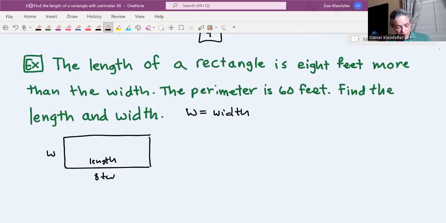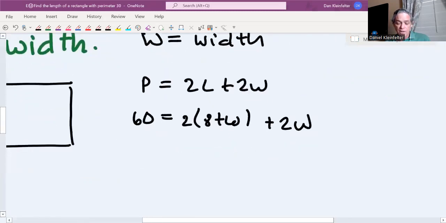The other piece of information I have is the perimeter, which is 2L plus 2W, is 60 feet. So let's replace with their values. W is going to be W, but our length is 8 plus W. Okay, so this gives us an equation just in W's that we can solve.